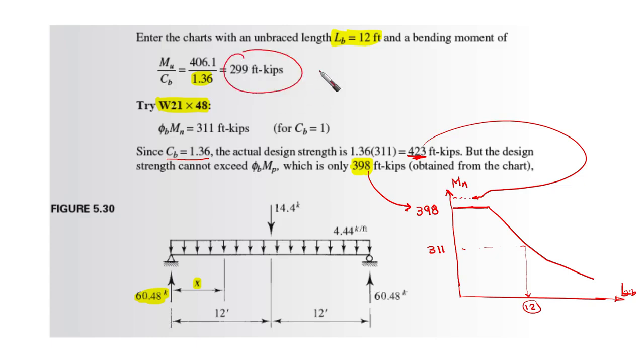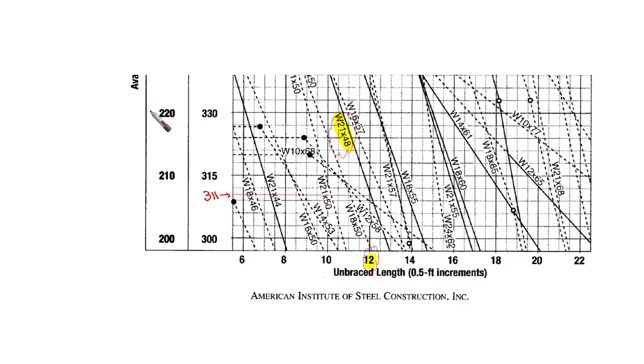We go to the horizontal axis. This is 12. Then we go up until we can find something that gives us a value of 299 or above. This is 250, and this is 300, so we are getting 299 around here. Yes, this is where we are.